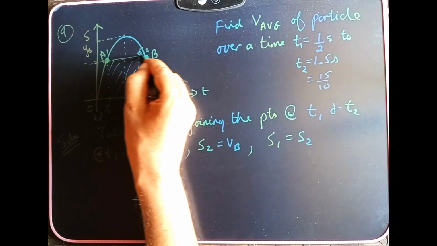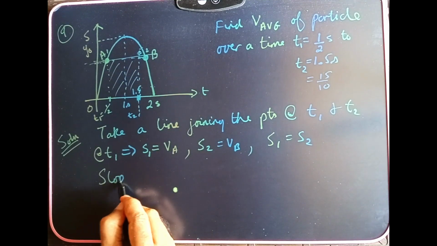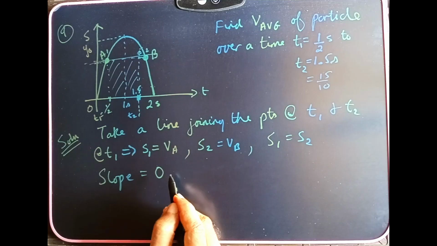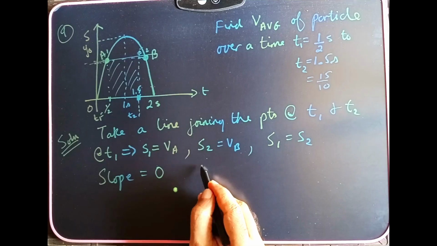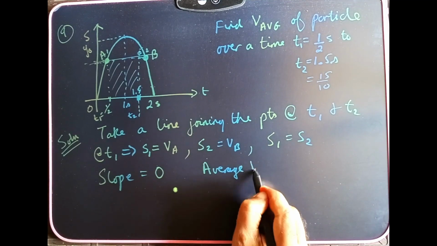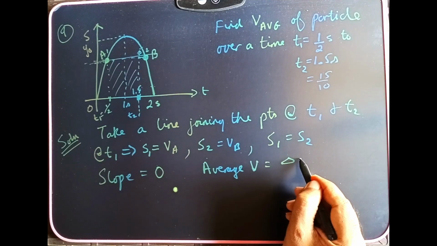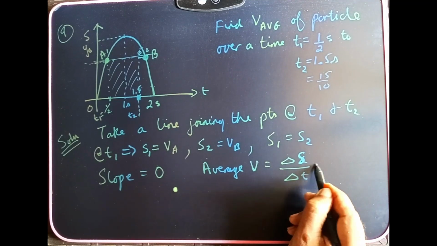So the line joining the two, its slope will be 0, right? So what will be the average velocity between the 2 points? The slope is 0. Average velocity is the change of displacement, in this case s, divided by change in time.